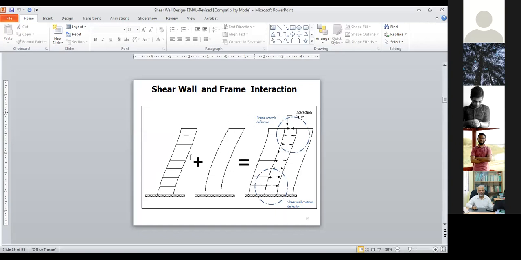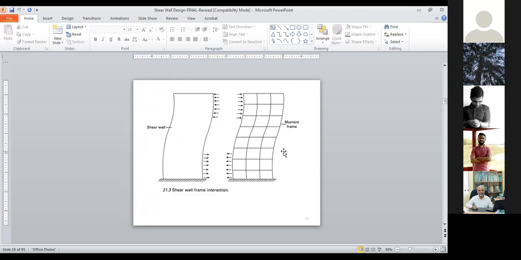You can understand that in the case of dual system, you need to have your frame system a little bit stronger to get this benefit. And finally, if you combine your shear wall with the moment frame system, then you will have this kind of mechanism.